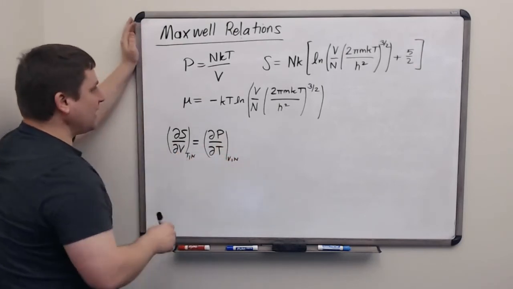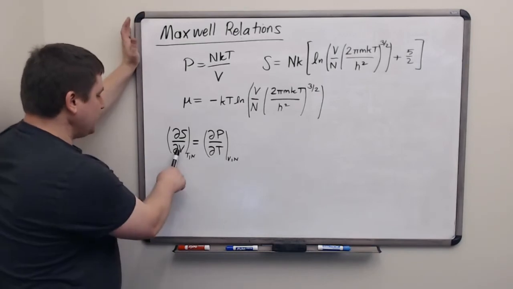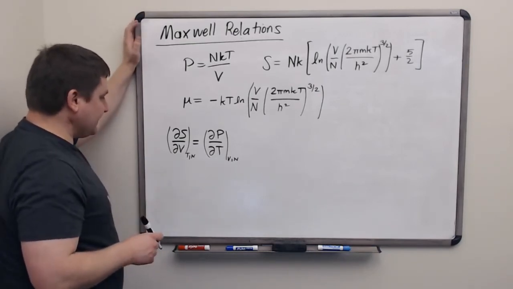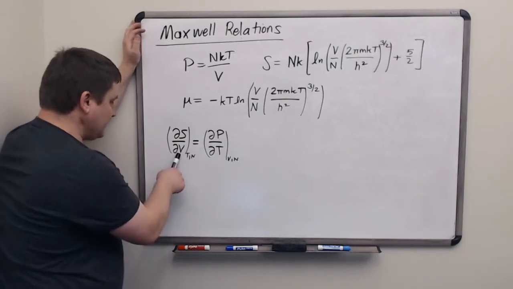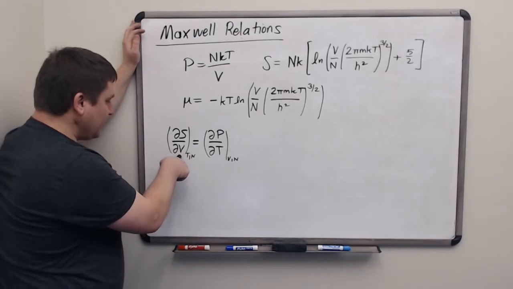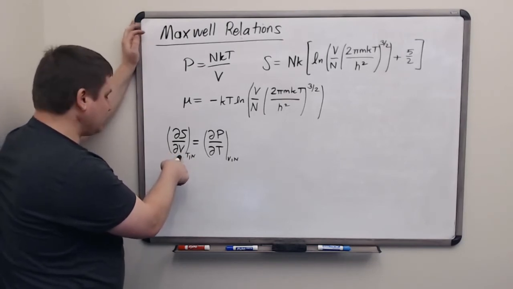S and P are conjugate variables for Helmholtz. T, V, and N are the natural variables. The question left here is, is there a minus sign? Well, volume is there as a natural variable, and volume is extensive, and that term normally comes with a minus sign.